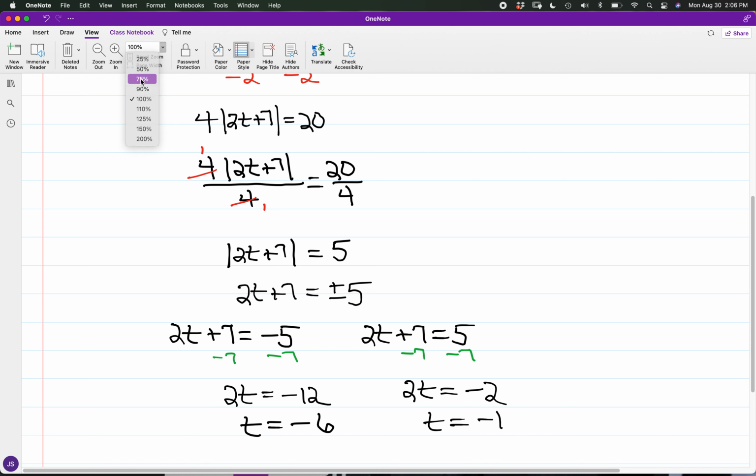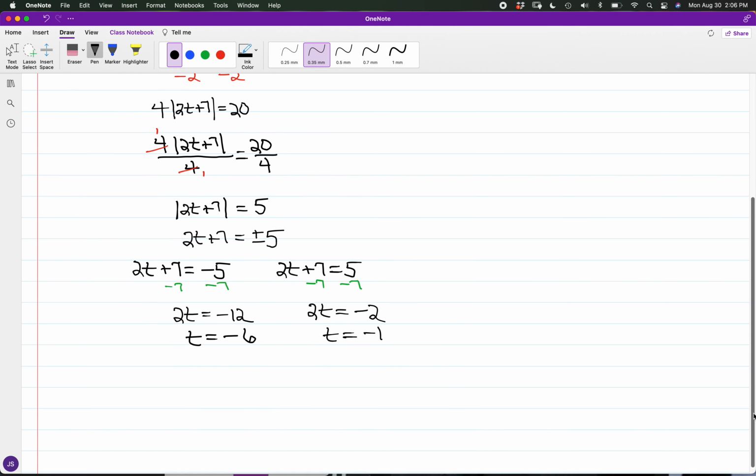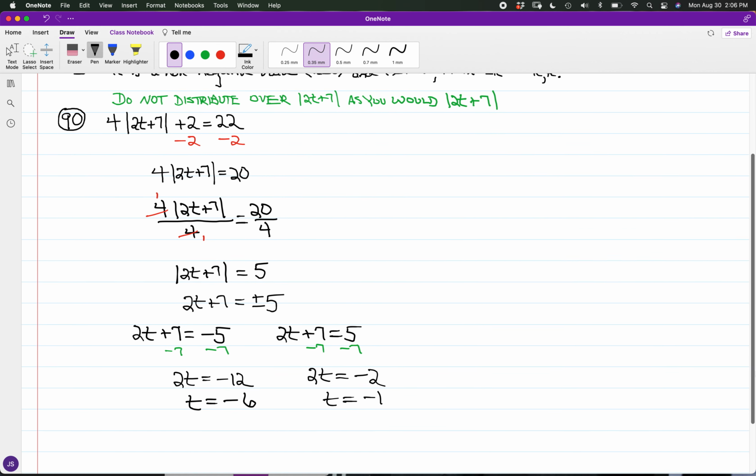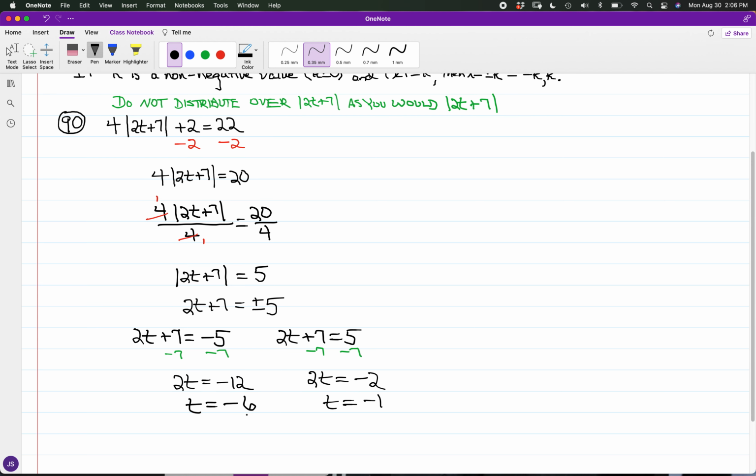Just looking at what we have here, you can do a little bit of double checking. With t at negative 6, 2 times negative 6 is negative 12, and negative 12 plus 7 comes out to negative 5. The absolute value of negative 5 is positive 5, and 4 times 5 is 20, and 20 plus 2 is equal to 22.